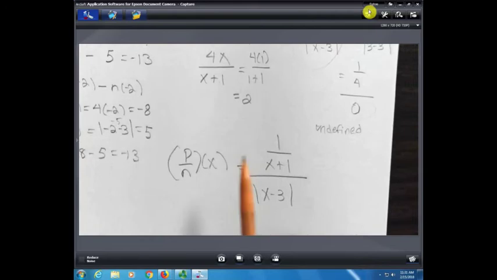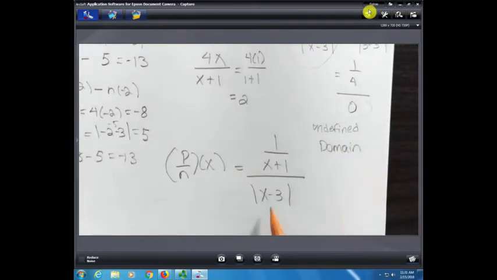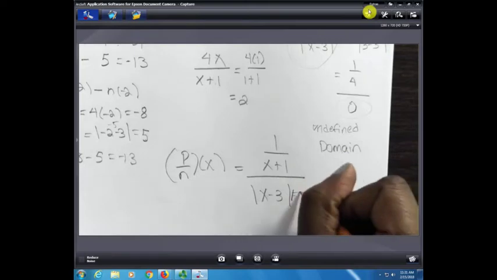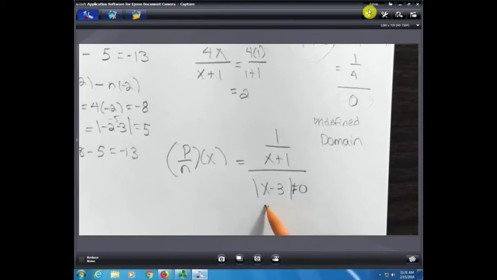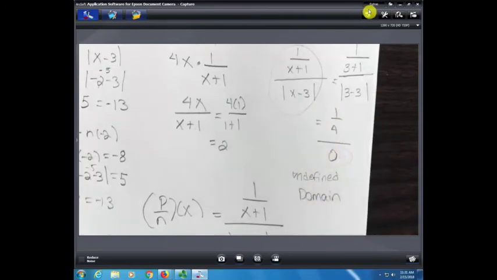So if we're looking to take the domain of this function, I know that I'm going to exclude 3 here because this 3 will make me have a 0 in the denominator. Because again, if we go back to our review, our functions that are fractions cannot have a 0 at the bottom. So this one cannot equal 0. And then when I solve this one, I get x cannot equal 3. Which we've established here, because if we do, we'll get a 0 down here.